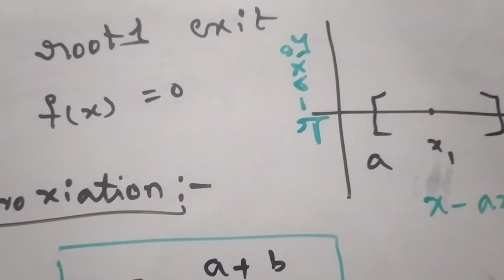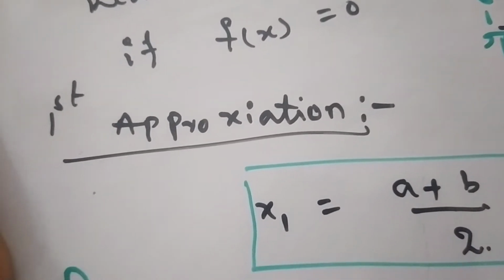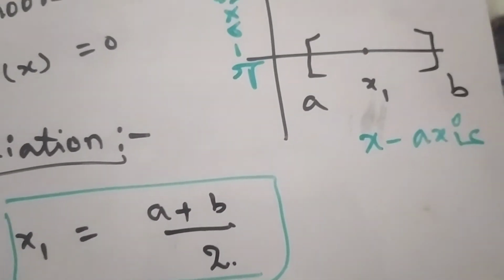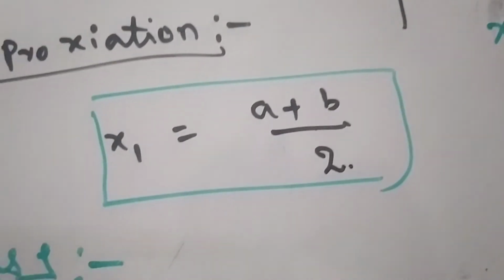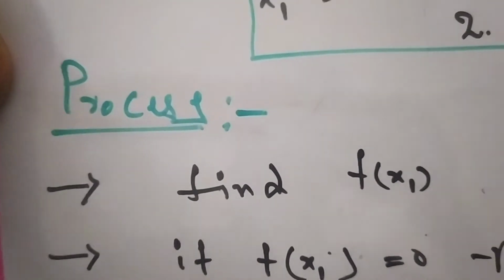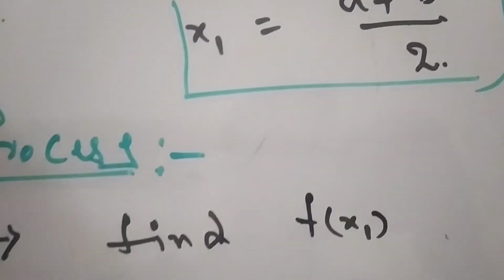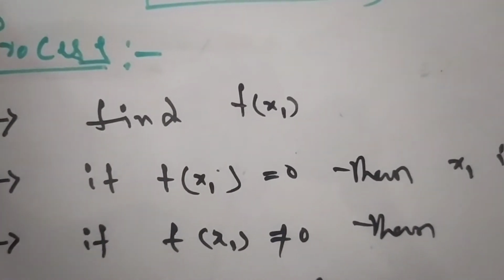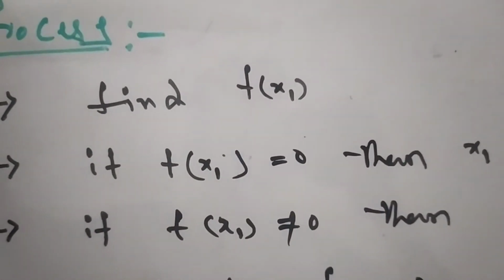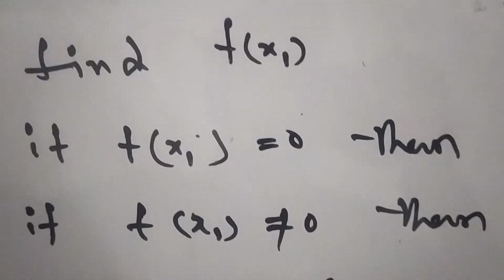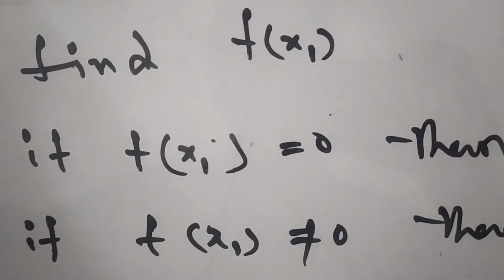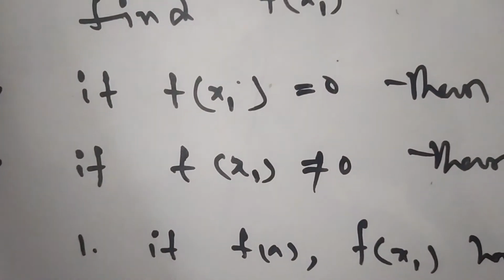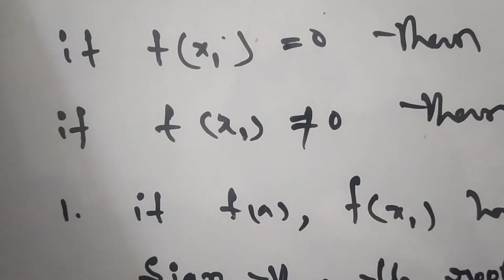Here the first approximation is x1 equals a plus b by 2, that means the average of the interval. The procedure is to first find x1. If f of x1 equals 0, then x1 is the root. If f of x1 is not equal to 0, then there are two cases.